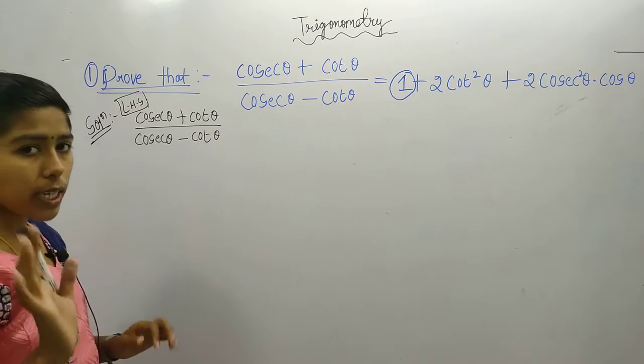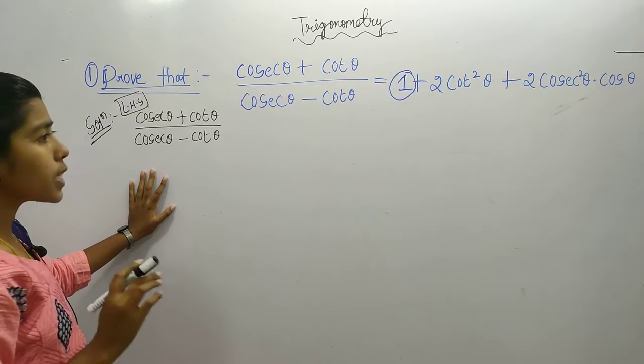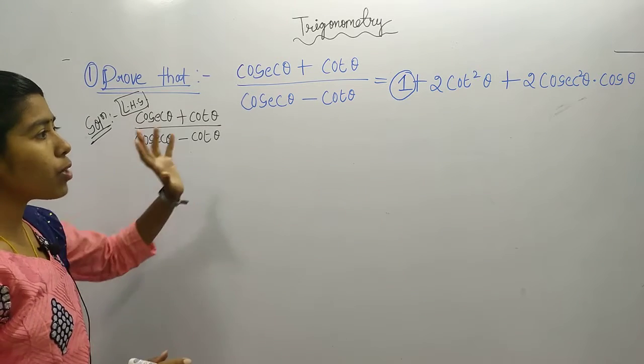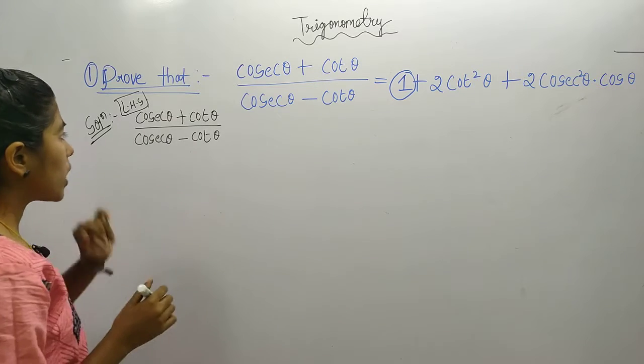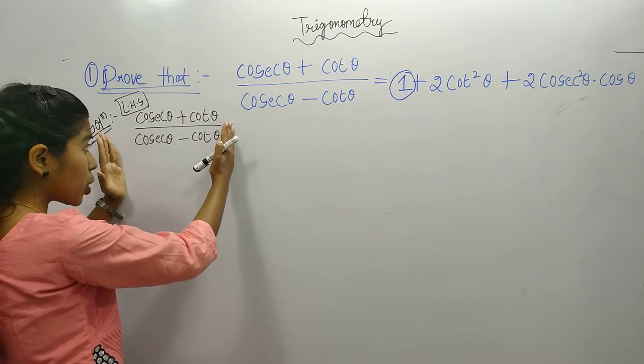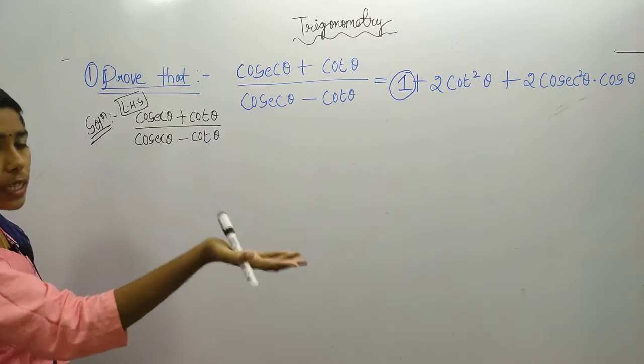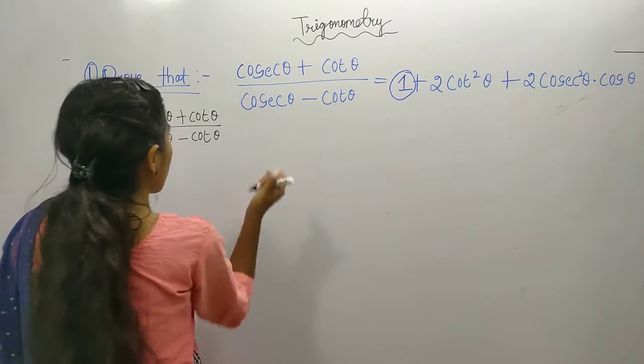I have already said you in trigonometry the simplest way is to convert the angles into sin theta or cos theta. So let's see the relations of these angles to sin theta and cos theta.